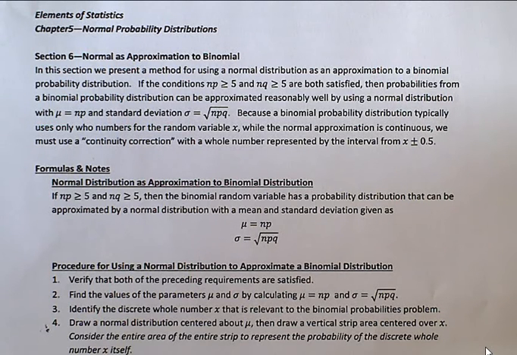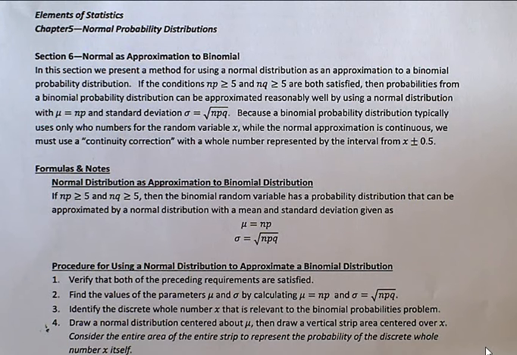So it's what I also call kind of a fudge factor. We have to be able to manipulate that area just a little bit more so that it's more suitable for what we're trying to describe. And I'll show you what that looks like in the problems here in just a little bit.